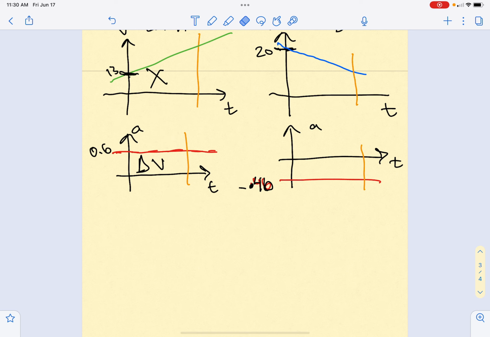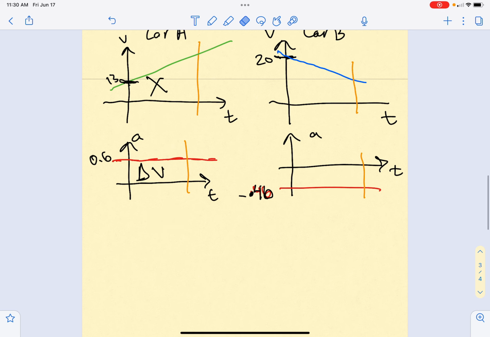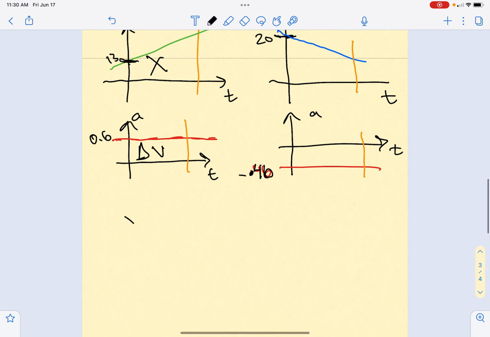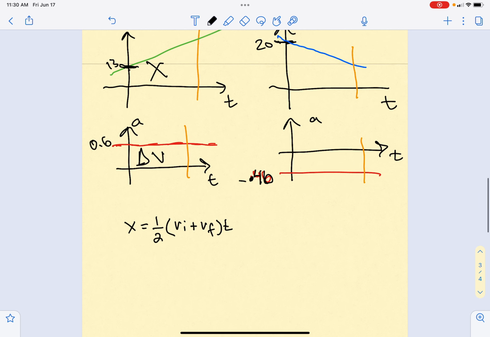So let's start with car A. It resembles a trapezoid. So let's start with a trapezoid. There are a lot of unknowns, and we're going to make this position A. Now, I want you to notice something here.